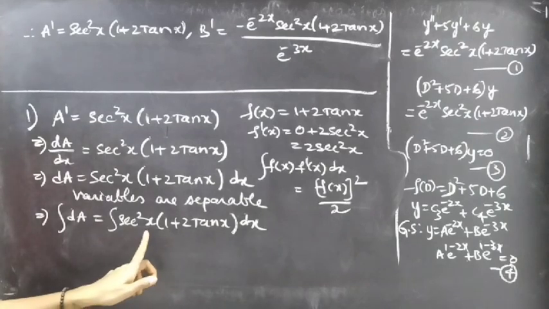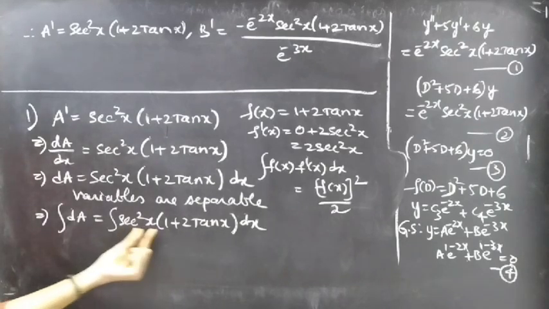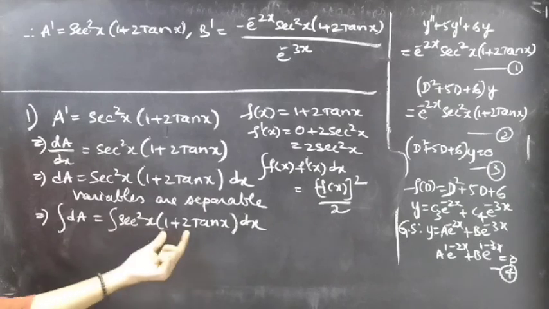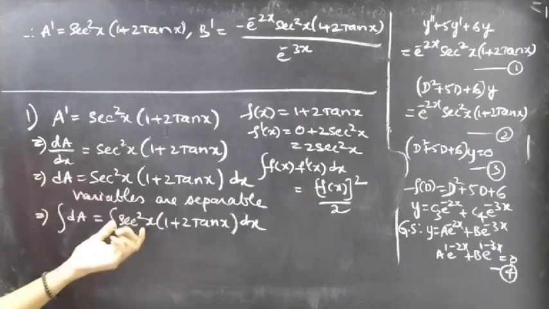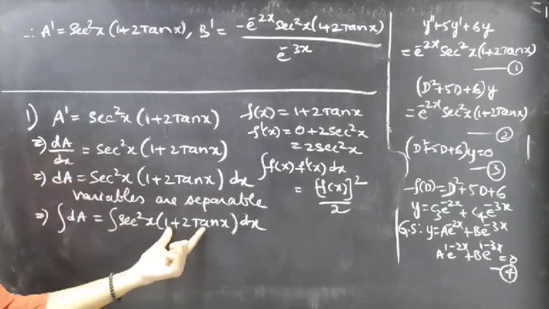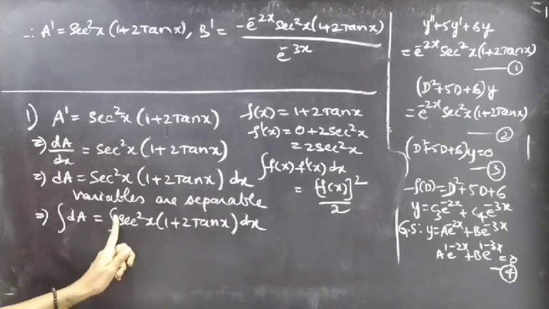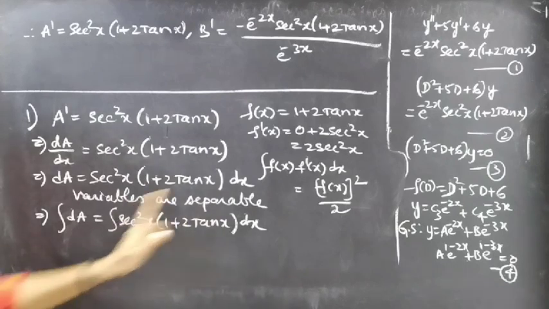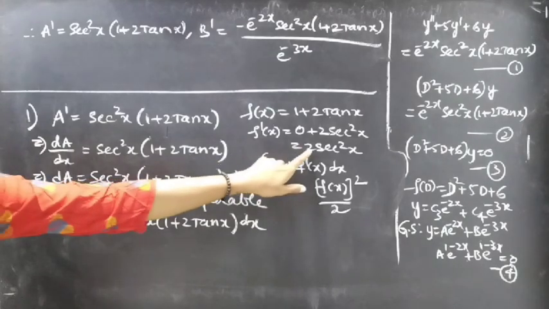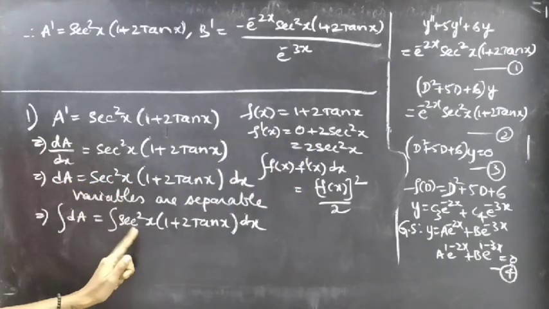See, the integrand is secant square x into 1 plus 2 tan x, that is some f dash of x into f of x, but here we need a 2, right? In order to apply this formula, we need a 2 with this f dash of x.